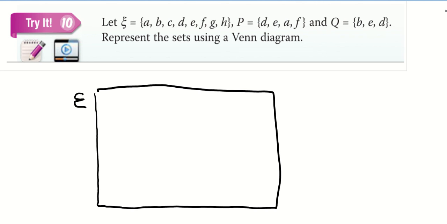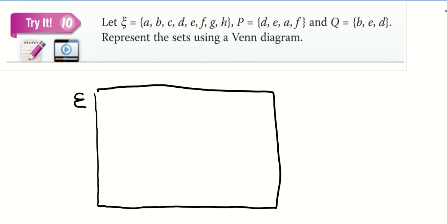So you have to draw a rectangle and indicate with a universal set sign, the epsilon, at the top left-hand corner outside the box. Next, we need to insert all the diagrams. But before I do that, there's something I want you to take note of. I need to identify the elements first, see whether there is anything common first. What are the two sets inside?